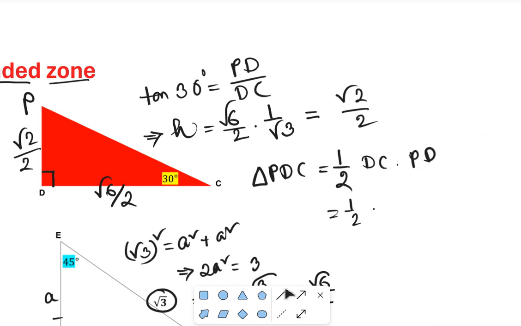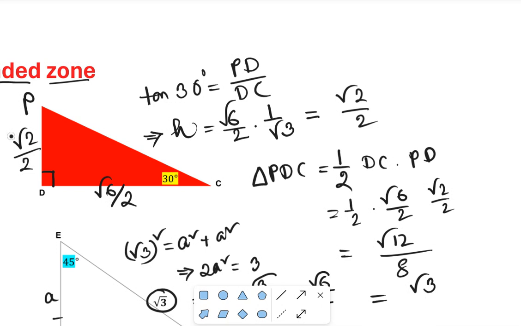So this will be square root of 12 divided by 8. So solving this term, we could write down square root of 3 over 4 unit. This is actually square unit.